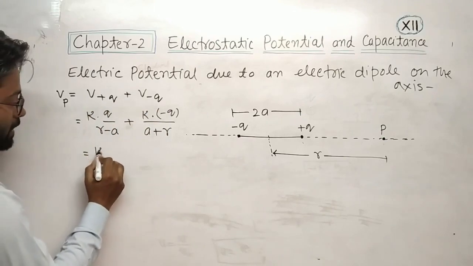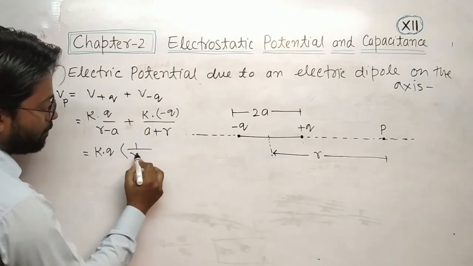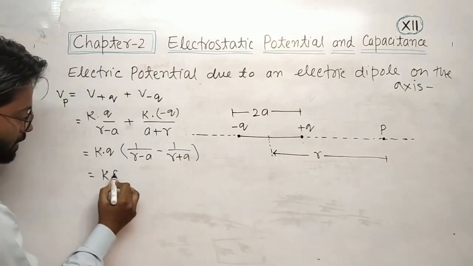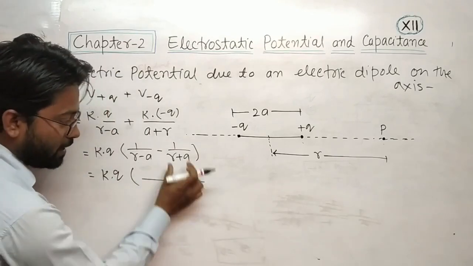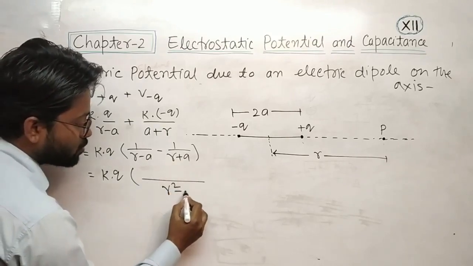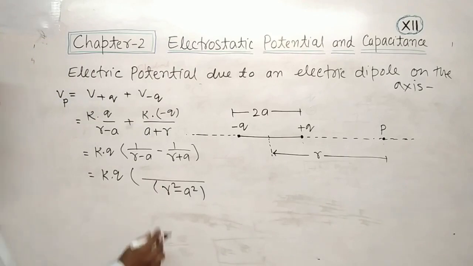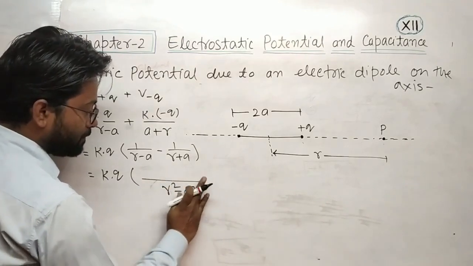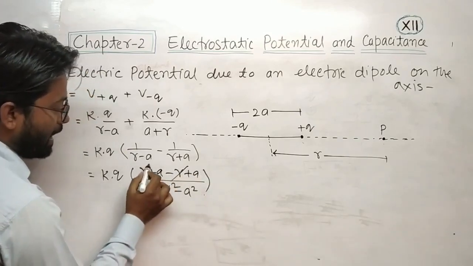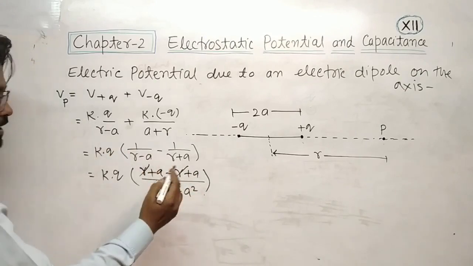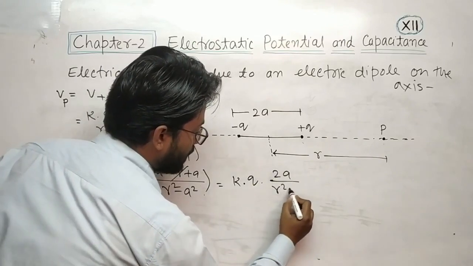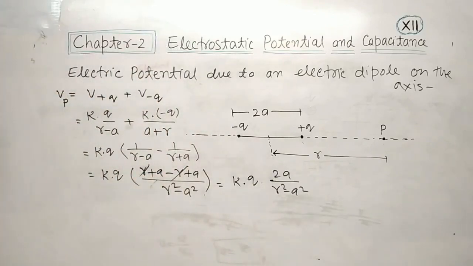We can write K and Q common, 1 upon R minus A minus 1 upon R plus A. Simply we can write R minus A, R plus A, R minus A into R plus A, that will be R square minus A square. And upside R plus A minus R plus A, R cancels out, plus A, 2A, means K Q 2A upon R square minus A square.